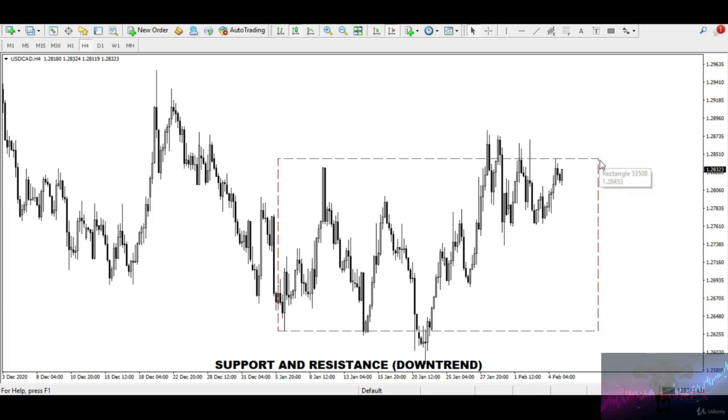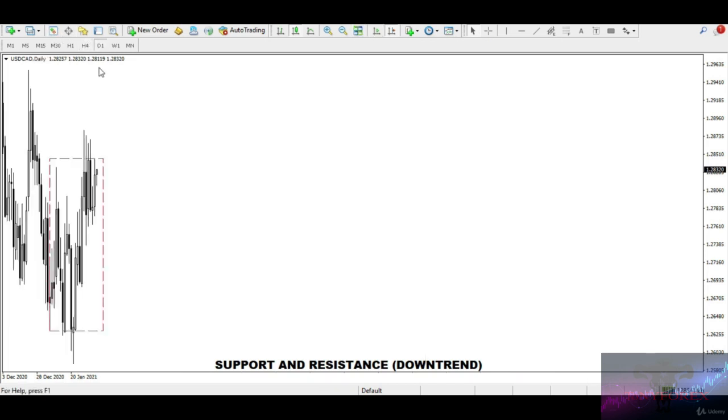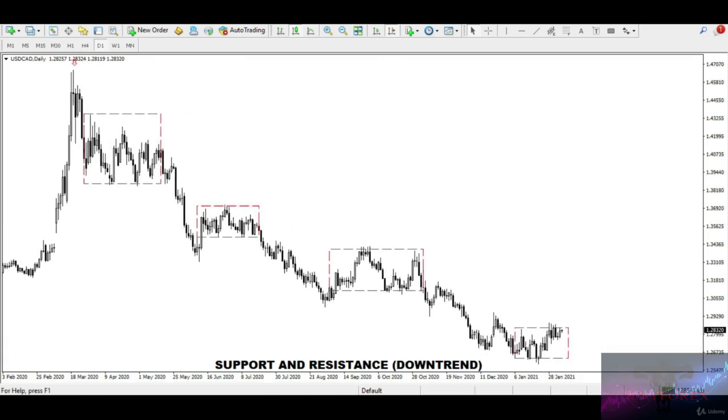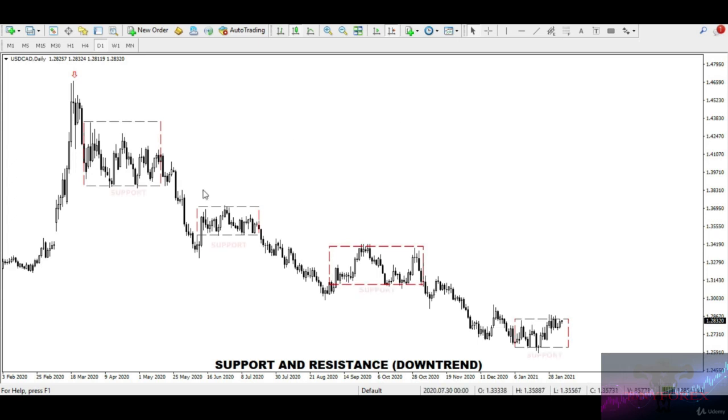Similar to the previous example, I will label the support and resistance on this pair. Finally, look how the trend continued after these first three consolidation phases.